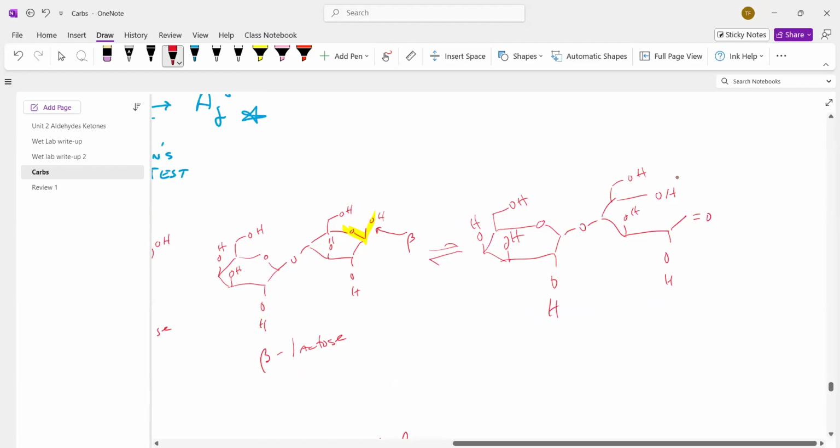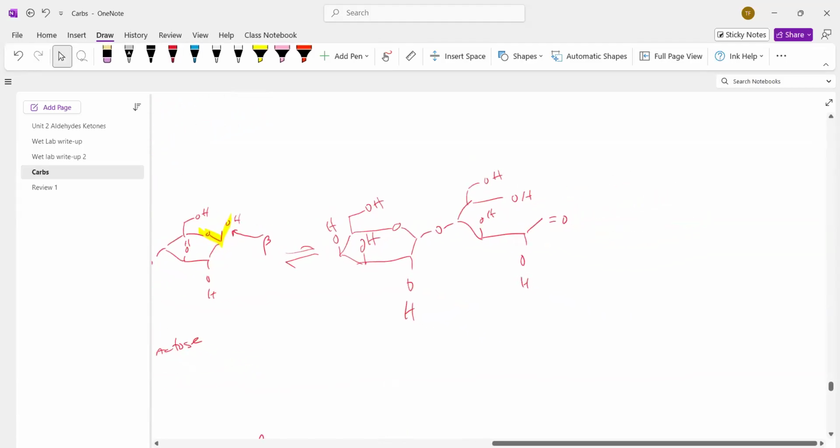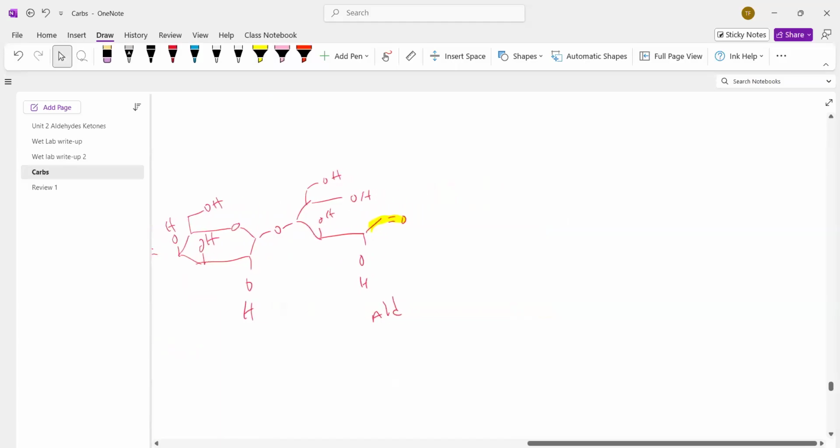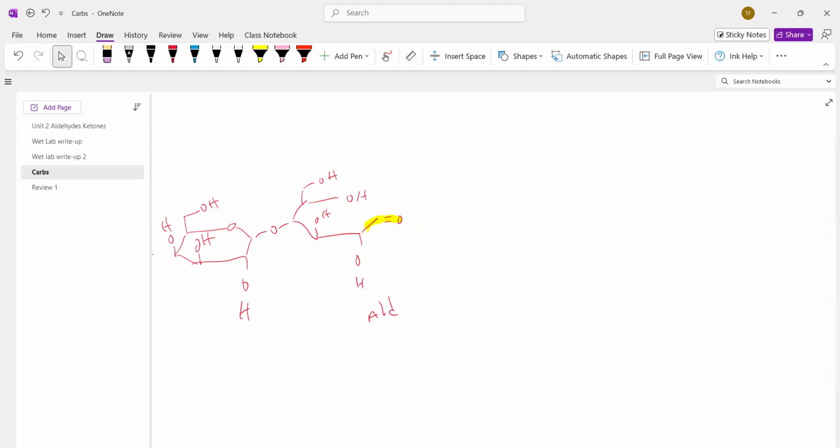Okay, so that's the aldehyde. That's what's going to get oxidized. So that's going to be converted to the acid. And because it's in a basic environment, it's going to be oxidized to the acid salt.